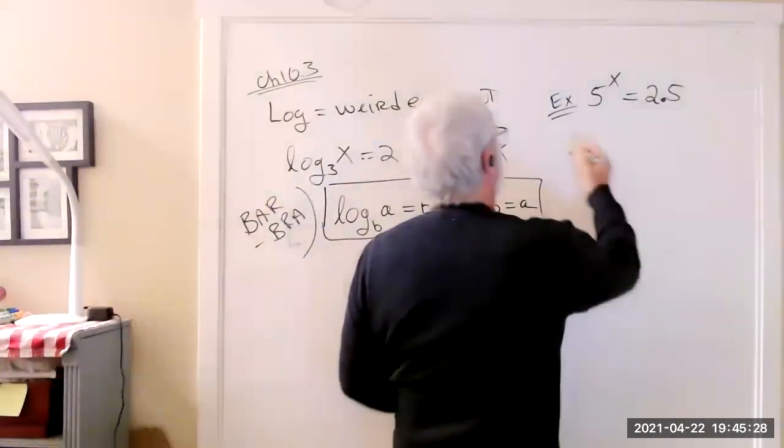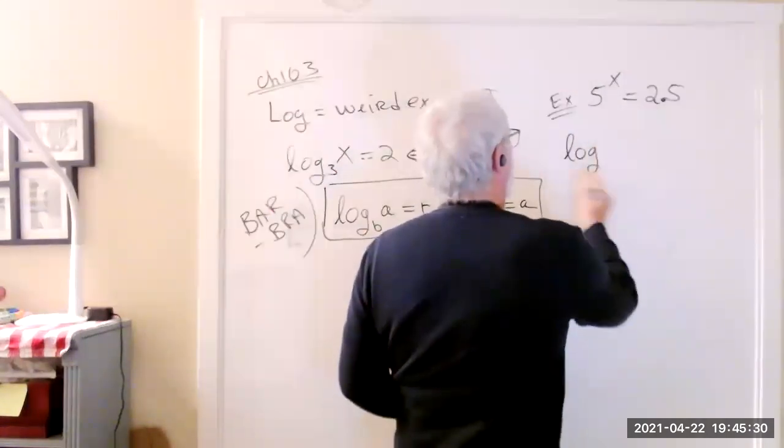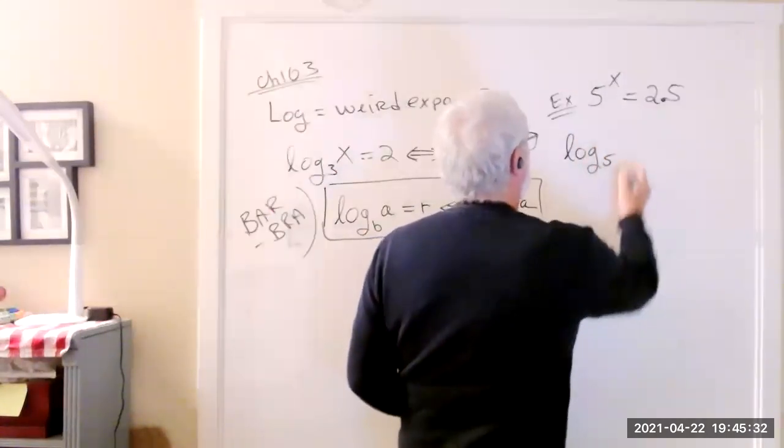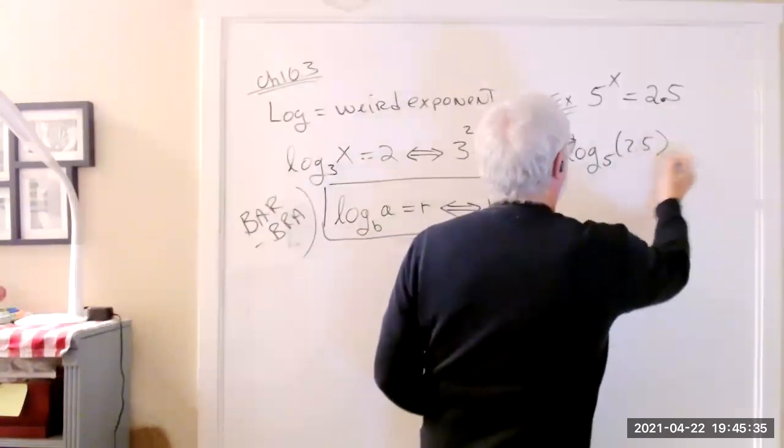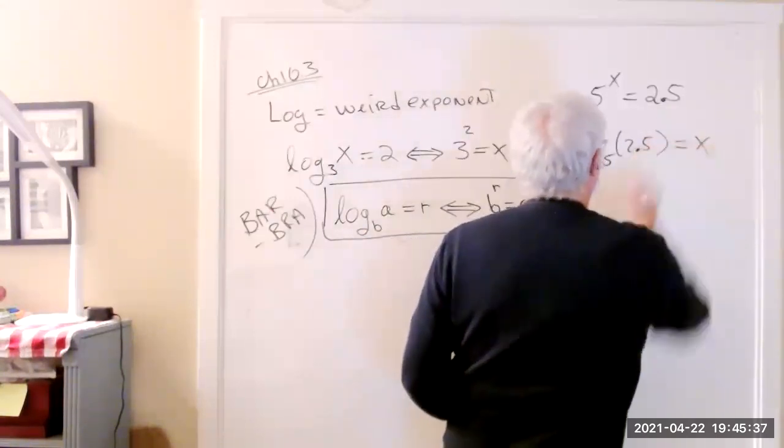So if we write it as a logarithm, we would have log base 5 of 2.5 equals x.